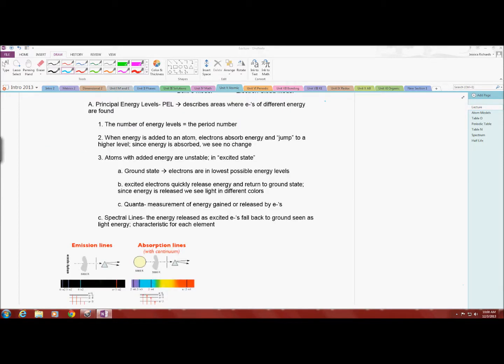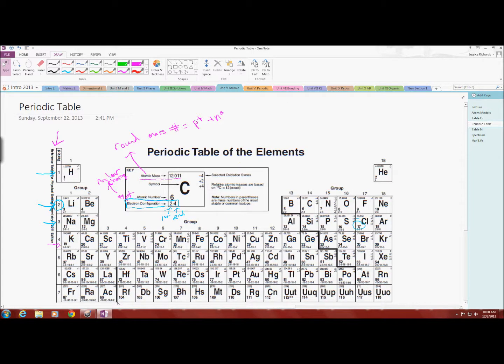Electrons are found in principal energy levels, so those are distances away from the nucleus, and you can tell how many principal energy levels by looking at the period number of the element. So let's take potassium, for example. Potassium's in period 4. He's going to have 4 principal energy levels. Let's look at your periodic table. Here's potassium. He's in period 4.